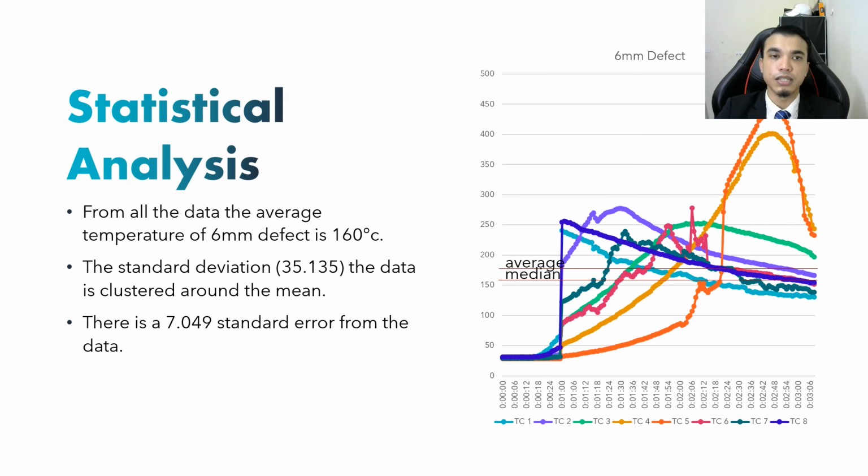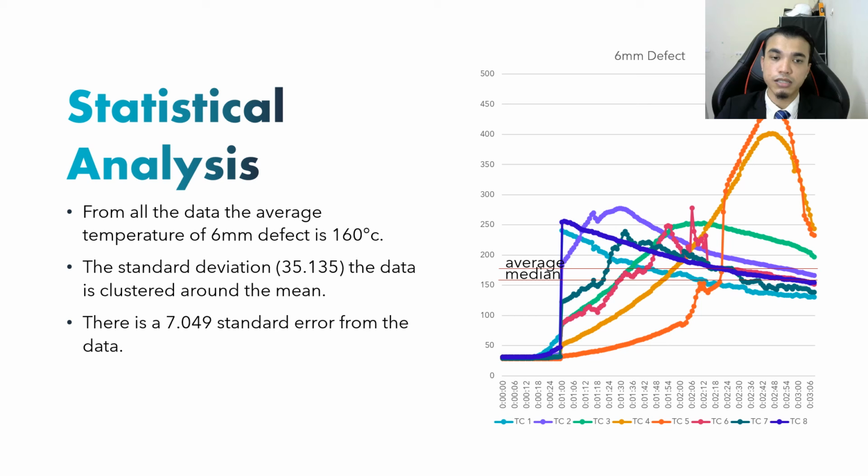And lastly is the 6 mm defect. The average data for this defect is 160 degrees Celsius. The standard deviation is 35.135. The data is scattered around the mean.